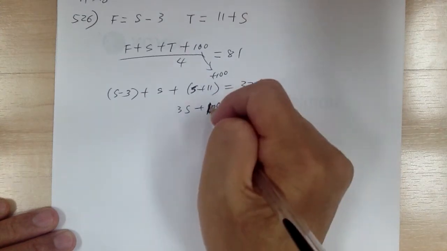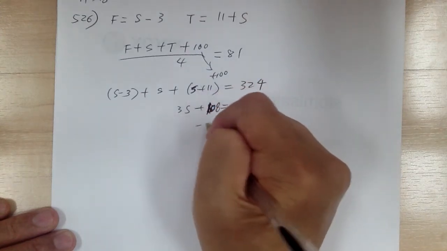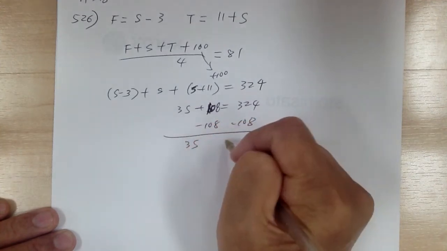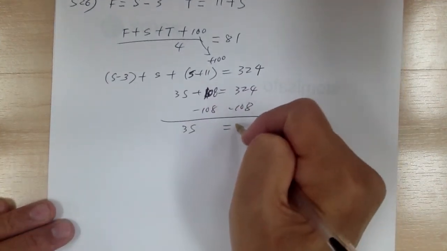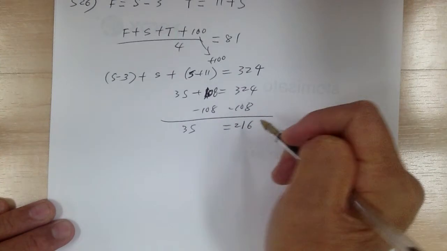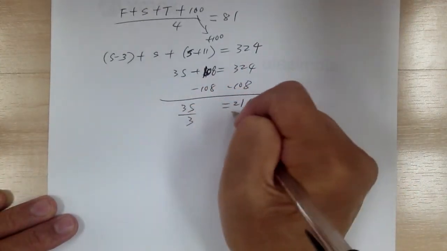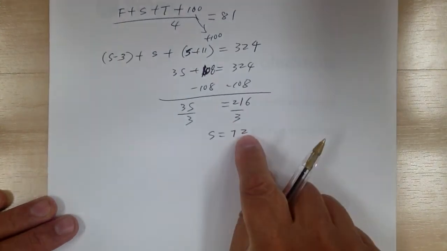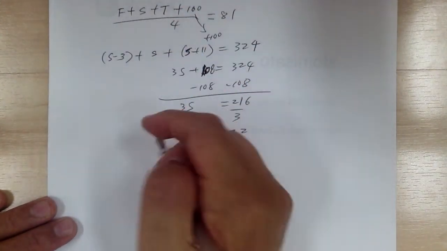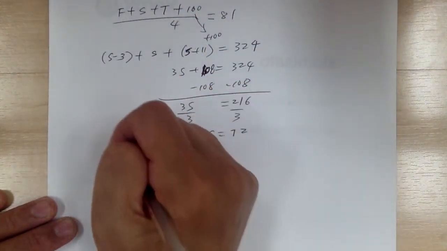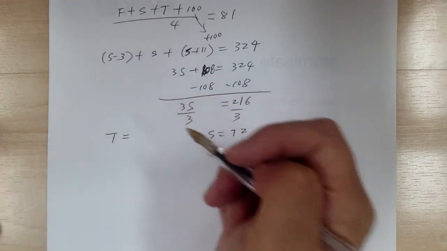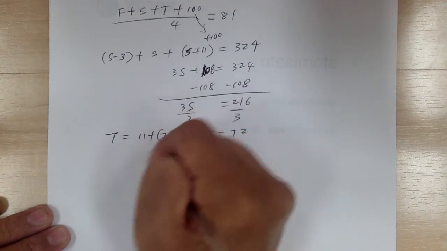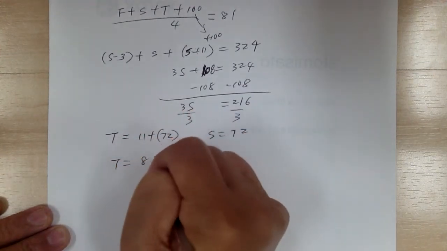Okay, so minus 108, so 3s will equal 216. Divide by 3, so s equals 72. Once we find 72, then we can find the third score. So t equals 11 plus 72. So the third score would be equal to 83.